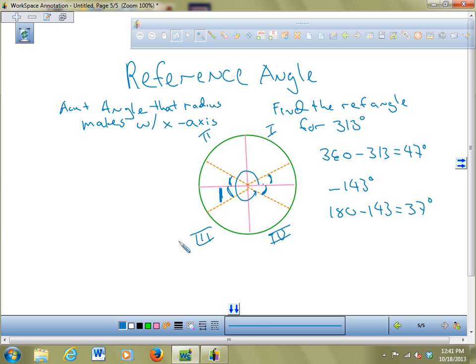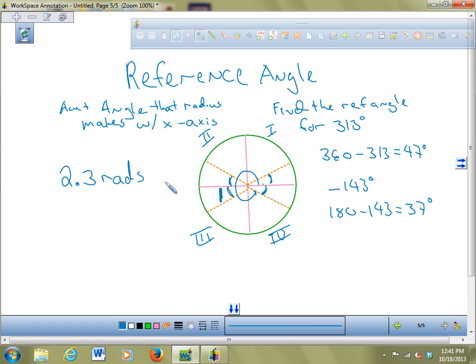What if they said find the reference angle for 2.3 radians? Which quadrant would that be in? Where is 3.14 radians?